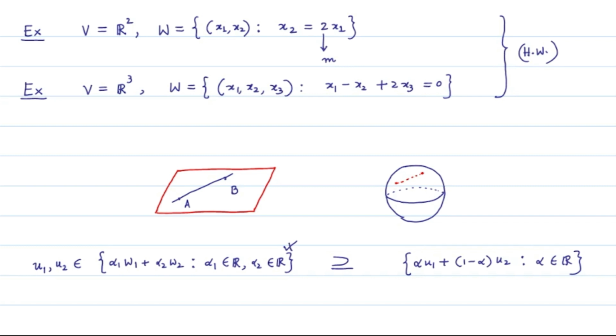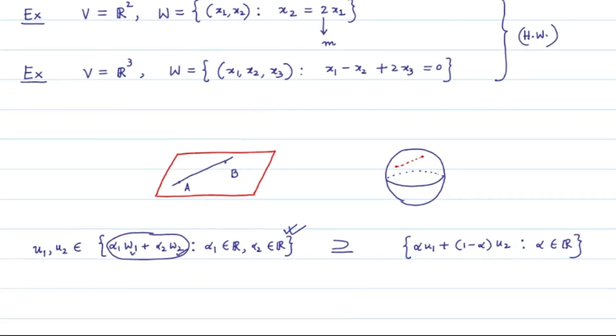As this set of vectors gives geometrically a linear or flat surface or a planar surface, an expression of this type is called a linear combination of the vectors w1 and w2.